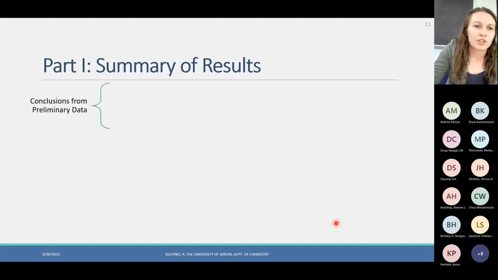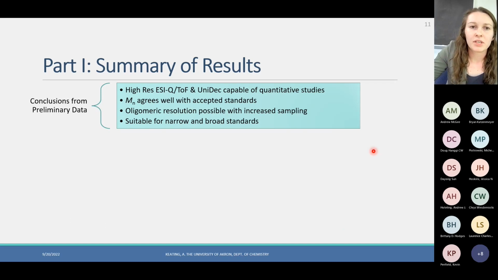So overall, some conclusions from that. It required a high resolution instrument, so we used ESI-QTOF on our SNAPP, and then UniDec showed that it was capable of performing quantitative studies in good agreement with the accepted standards.